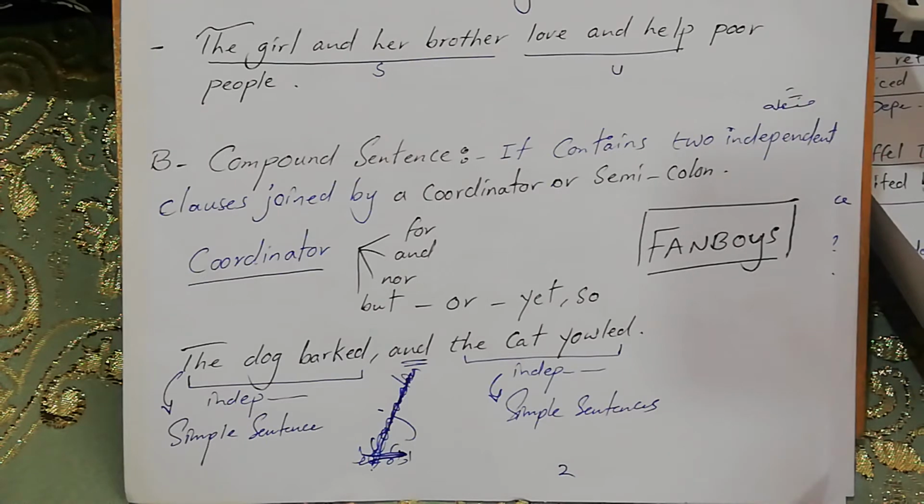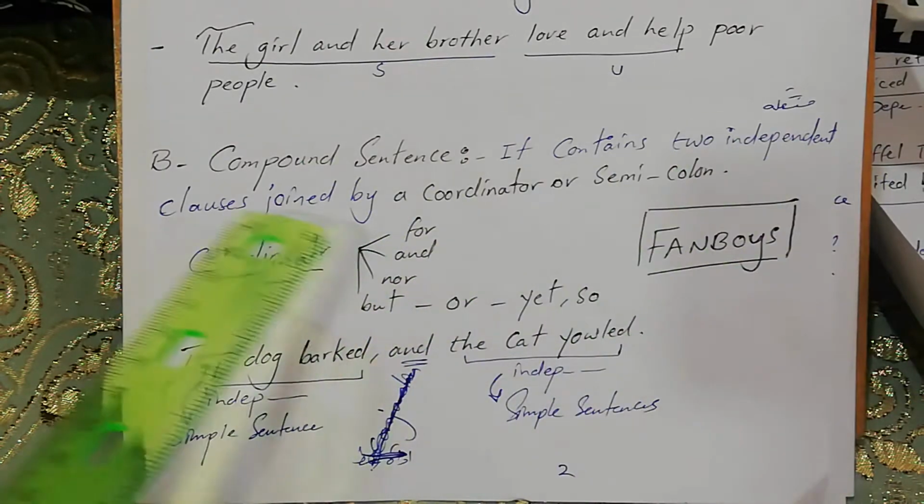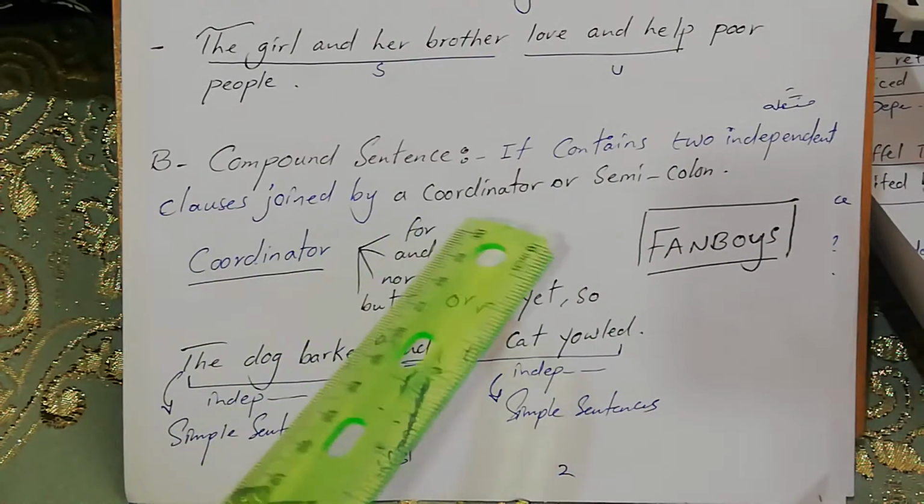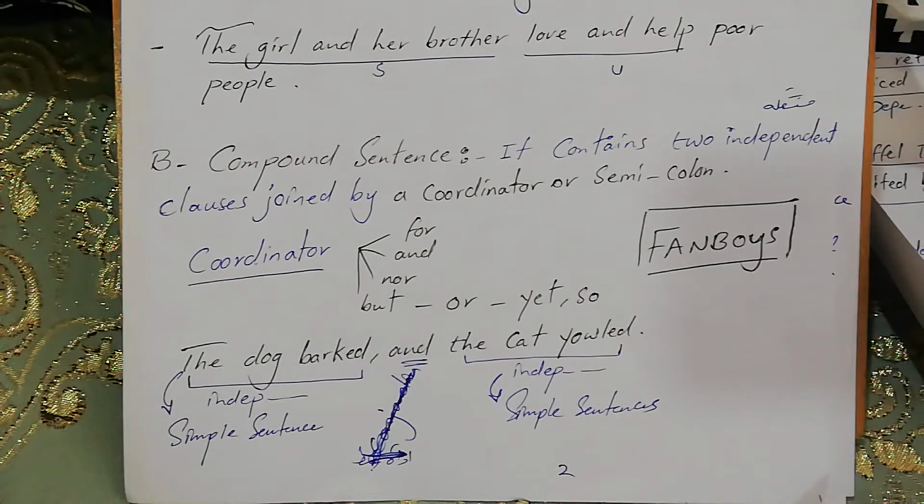B, the second type of sentence, which is the compound sentence. It contains two independent clauses joined by a coordinator or a semicolon. هنا عندنا the two clauses of the sentence, both of them are independent, اثنينهم give a complete idea, complete thought, joined by a coordinator.